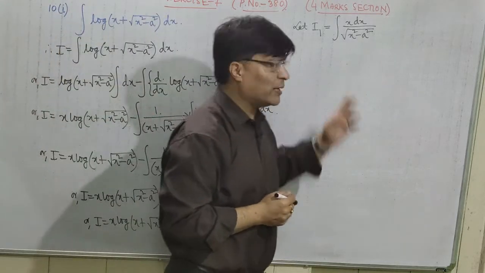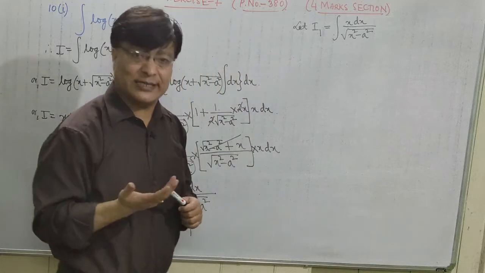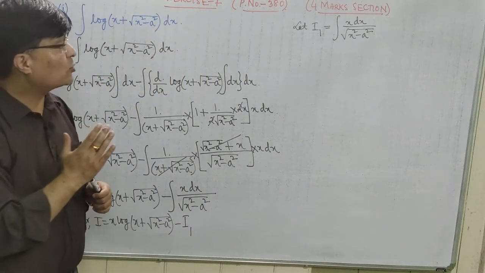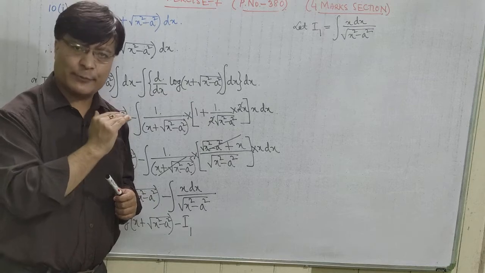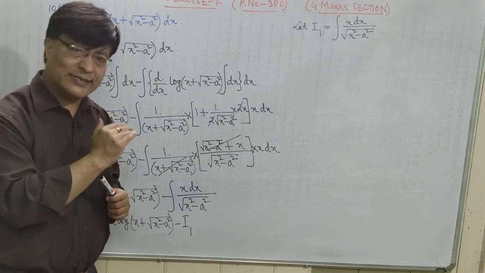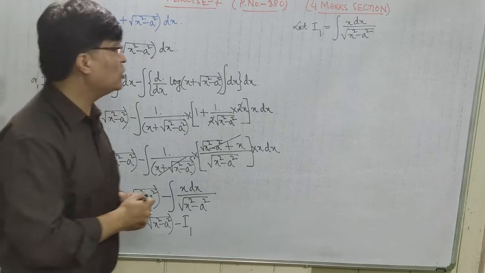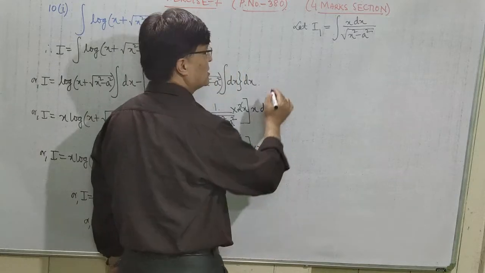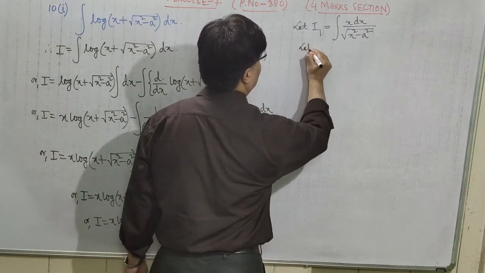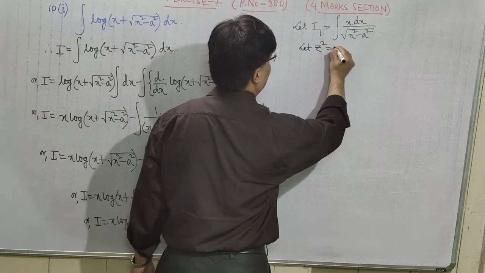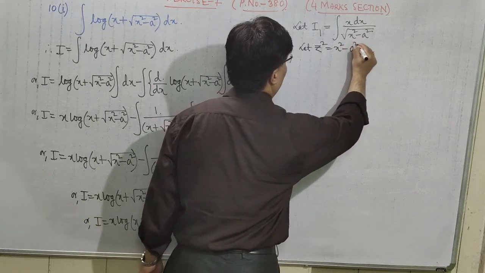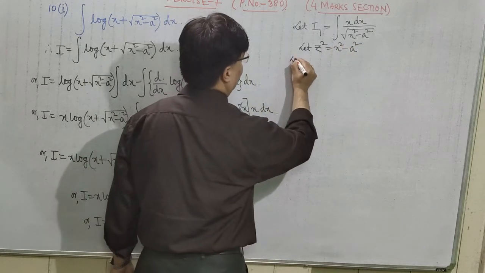So let us assume x square minus a square as z square, because the expression is under square root and it is in the denominator. So let z square is equal to x square minus a square.